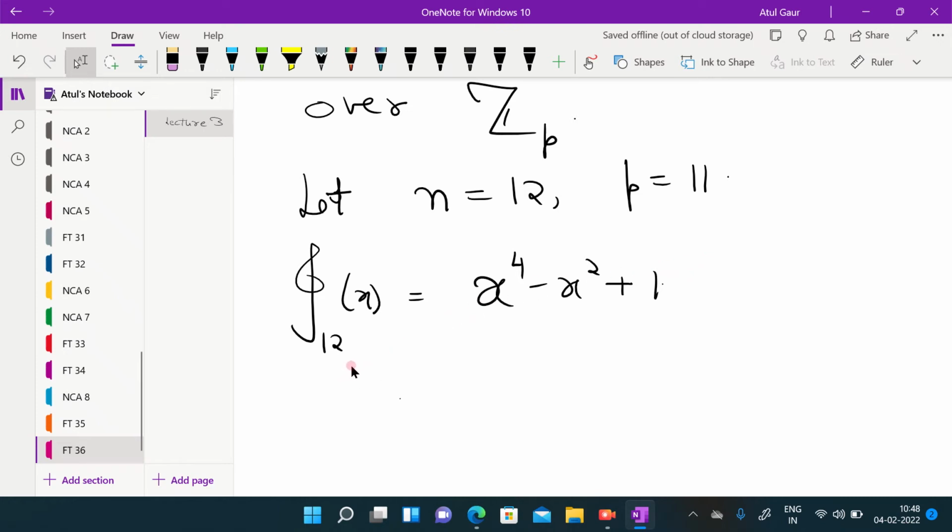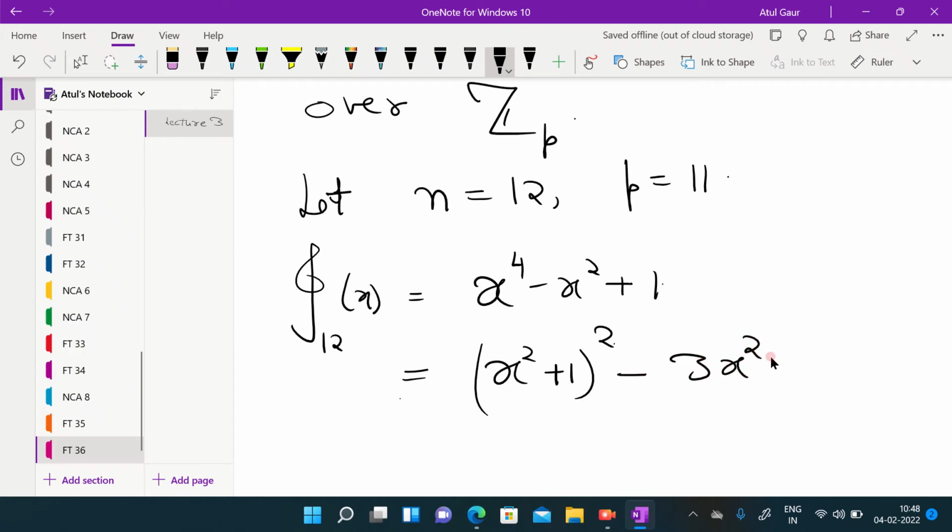Because 12 is not a big number, you can compute Φ12(x) successively. So Φ12(x) is this, and this you can write as (x^2 + 1)^2. That means 2x^2 is coming here, so I have to subtract, so it's minus 3x^2. Is that fine?